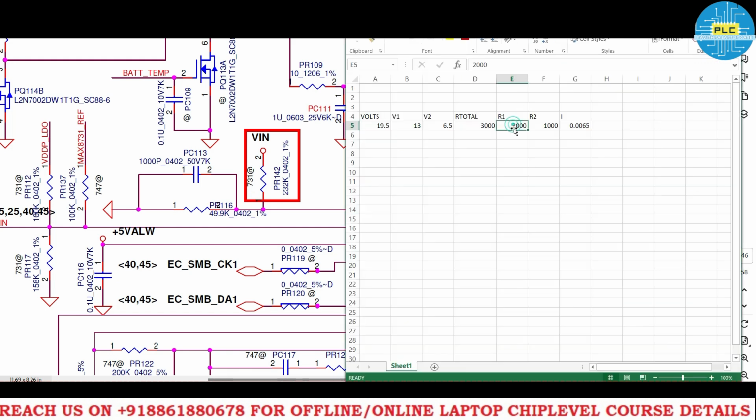See here, 232K. Okay, this one is 49.9K, 49,900. Then this is the current, and the voltage across V1 is 16 point something, and the voltage across V2 is 3.45.